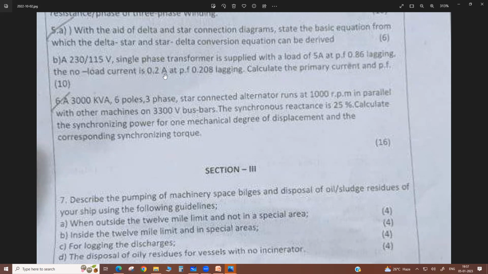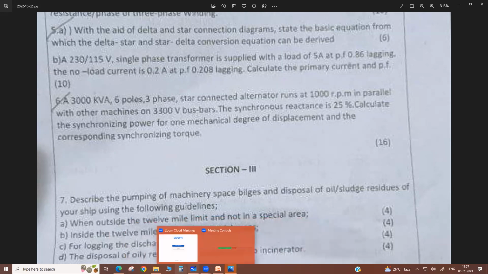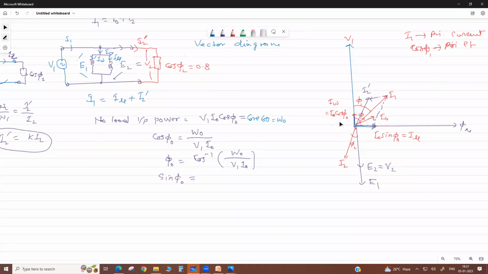No load current I naught is given as 0.2 ampere, and the no load power factor cos phi naught is given as 0.208. Calculate the primary current and primary power factor. So he is asking I1 and cos phi 1. We calculate this by the phasor diagram only.